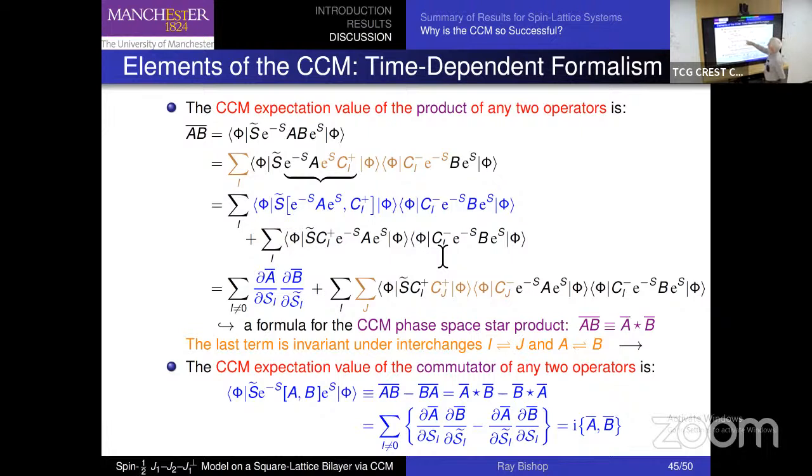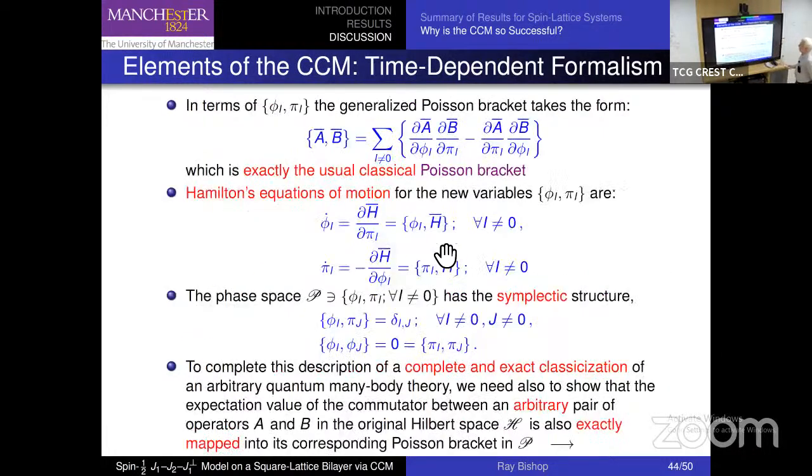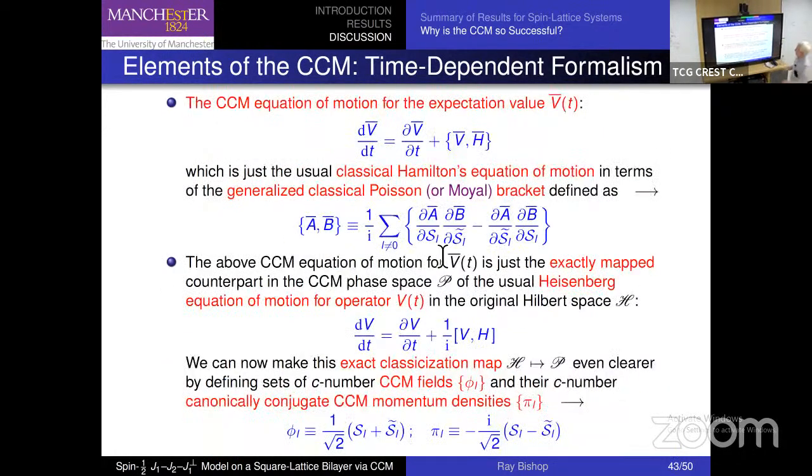Now this guy, it's dead easy to see. This term is precisely the partial derivative of the expectation value of A with respect to S. And where do we see that? Well, perhaps I write it.